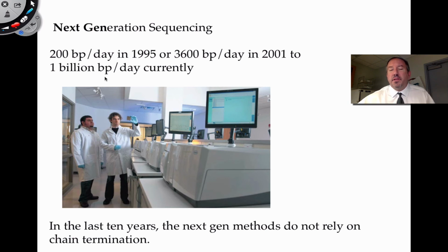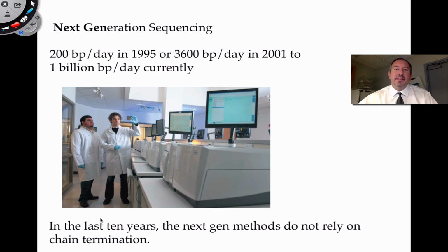The complete human genome is around 3 billion base pairs, so we're talking 3 machines can do this in a day, which took decades. The Human Genome Project to sequence human DNA took decades. It can now be accomplished in 1 day, or 3 days if you have one machine.